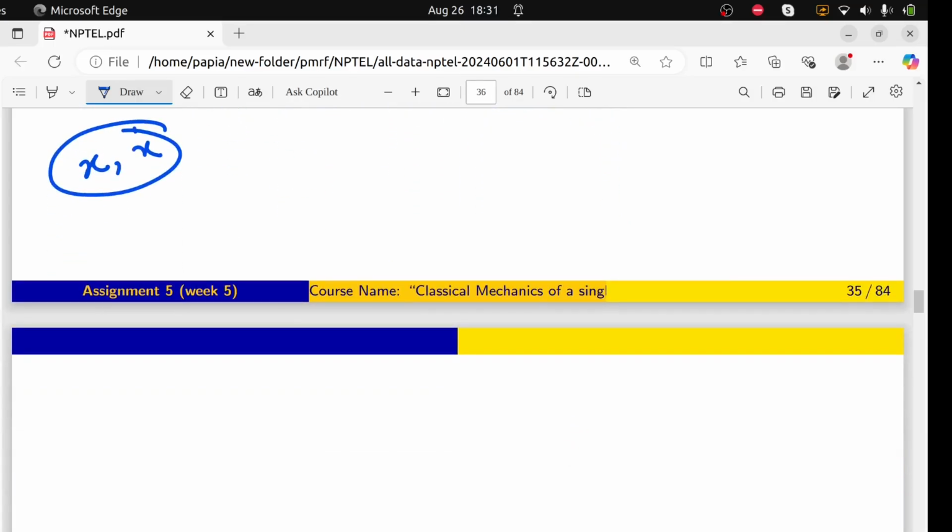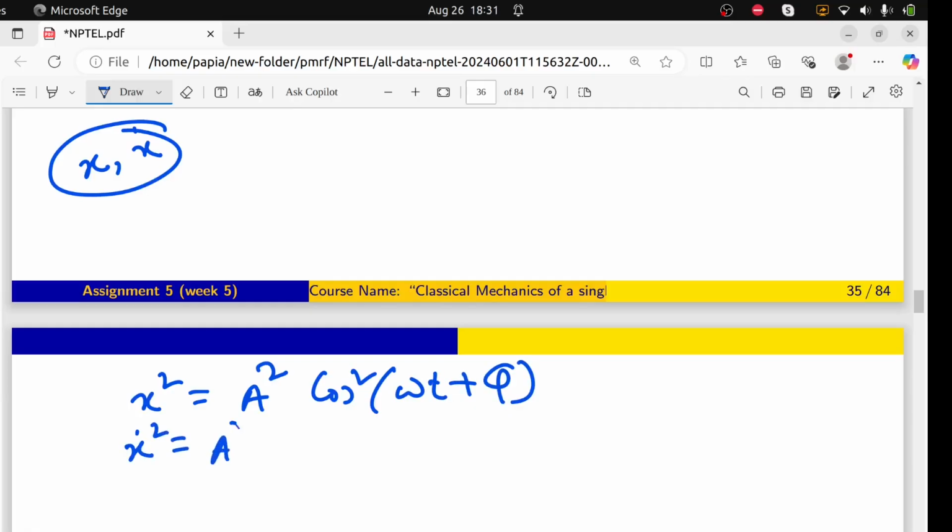I can square it: x square is A square cos square(omega t plus phi), and x dot square is A square omega square sin square(omega t plus phi), right?